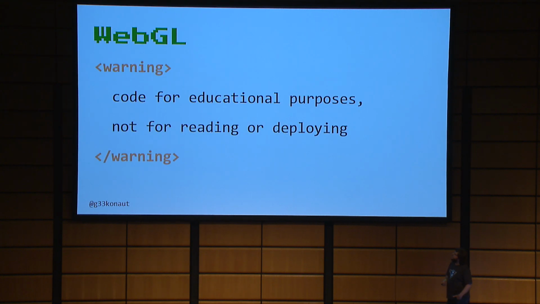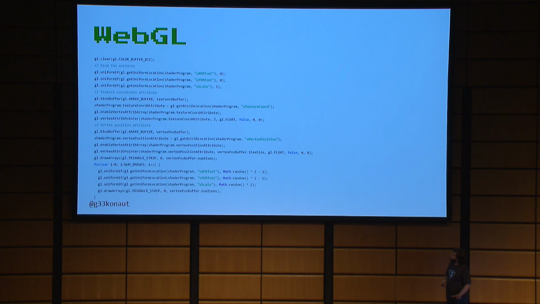For WebGL, that's the cut-out version. That's not the entire thing. We're missing a bunch of stuff because I couldn't fit it on the slide. So this is the actual drawing, and this is the setup. And then there's some more setup before that.